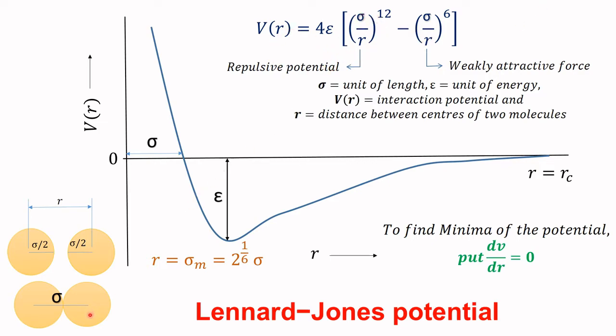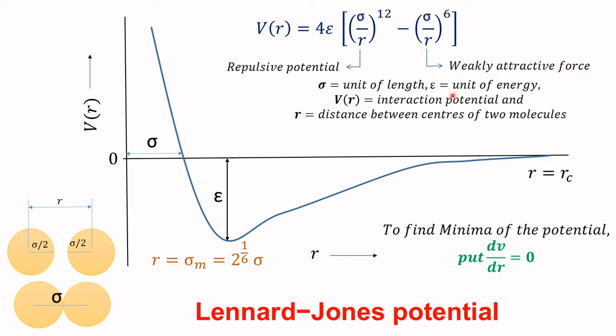So when you bring them closer, to a distance less than sigma, the molecules start repelling each other. And what happens if you keep on increasing the distance between them as r goes on increasing? There are going to be weakly attractive forces between these molecules, represented by sigma by r whole raised to power 6.